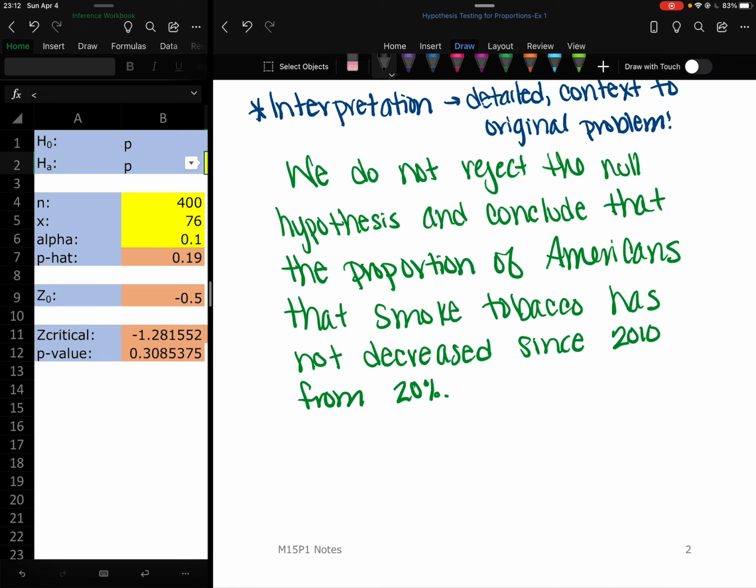And I'm going to be totally honest with you on that. It's because there's a lot of nots happening, and it gets confusing later on. So another way that you could write this interpretation, this is just an alternative method, is to say we do not reject the null hypothesis.